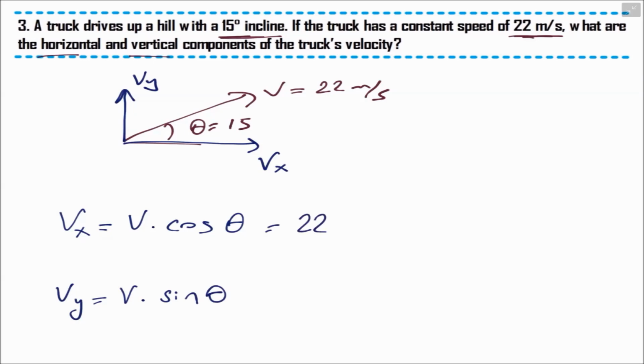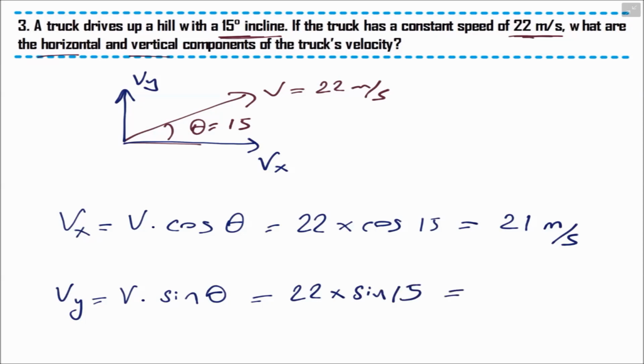V here is 22 times cosine 15, which is 21 meters per second. And Vy is V times sine theta, that means 22 times sine 15. So it's going to be 5.7 meters per second.